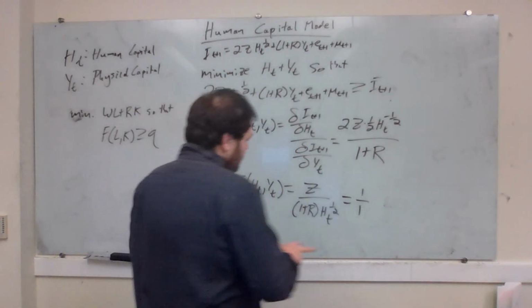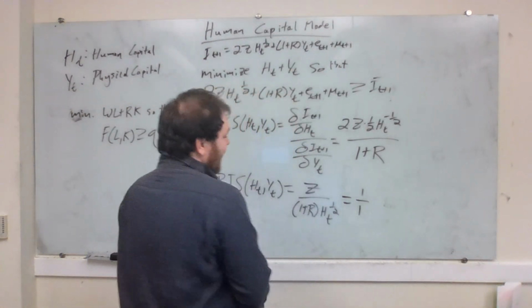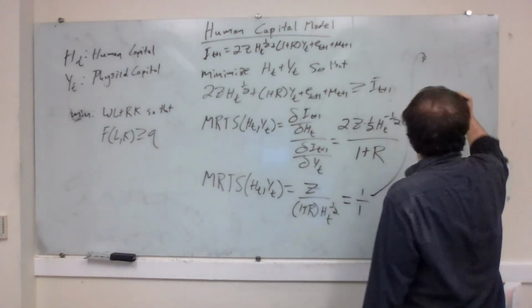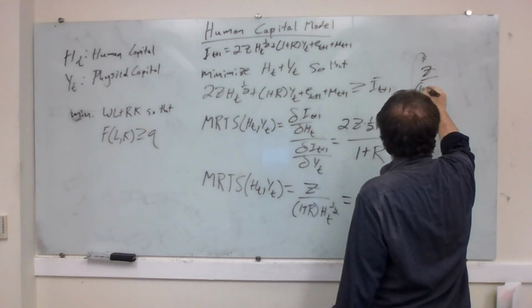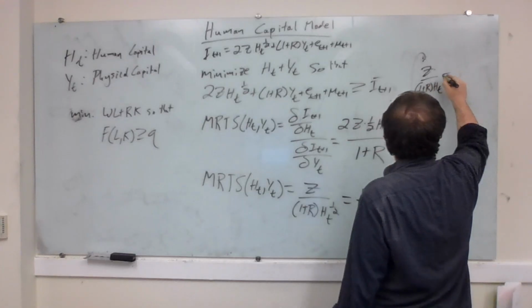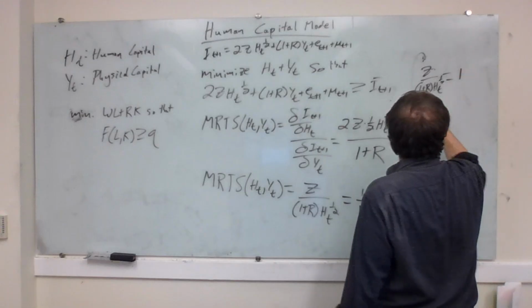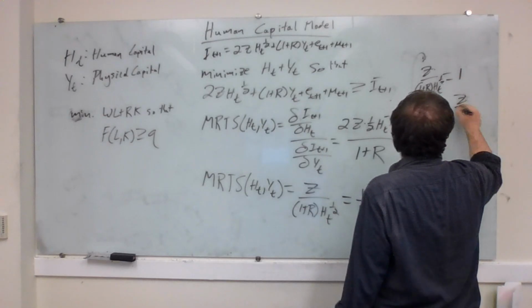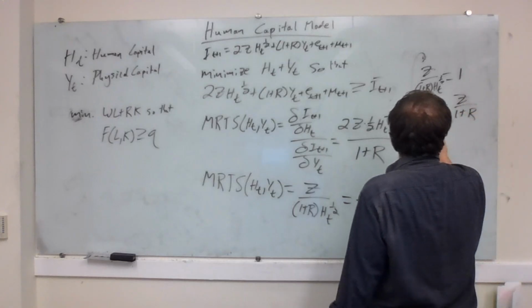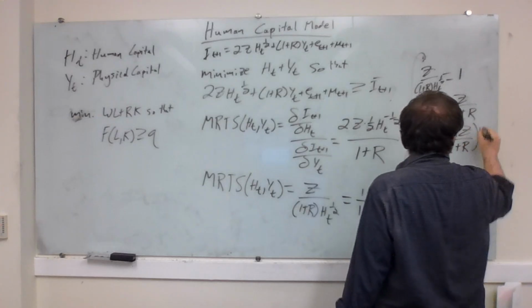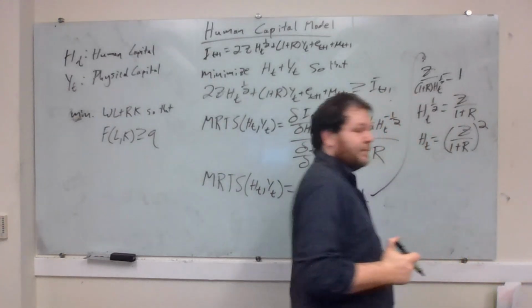So this means we can use this to simply find H_t. We can say z over (1 plus r) H_t to the 1/2 equals 1, H_t to the 1/2 equals z over 1 plus r, H_t equals (z over 1 plus r) squared. Awesome.